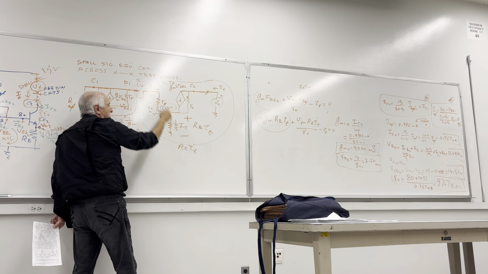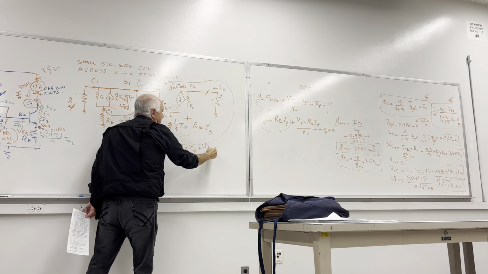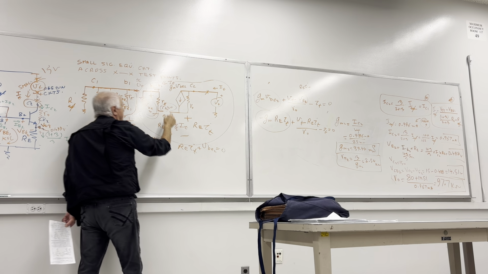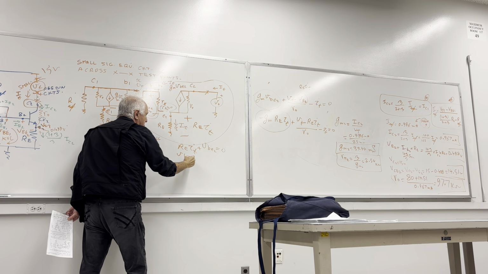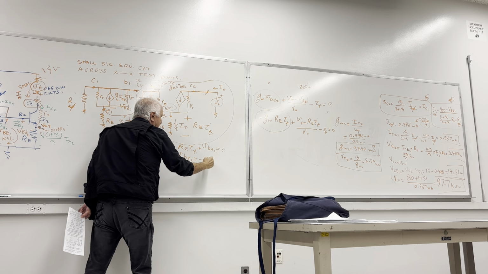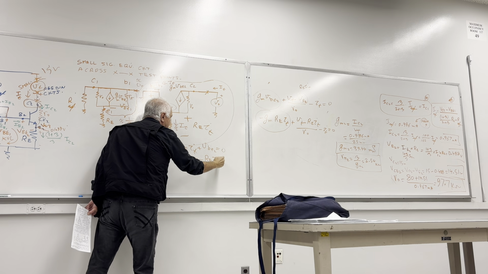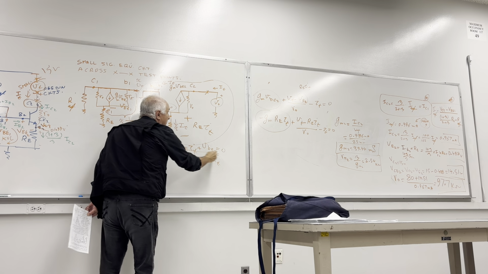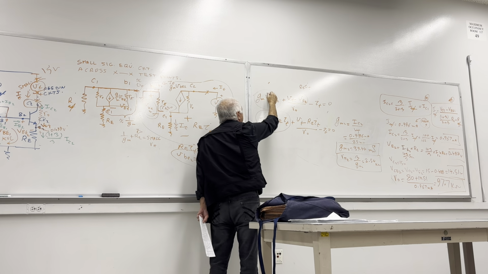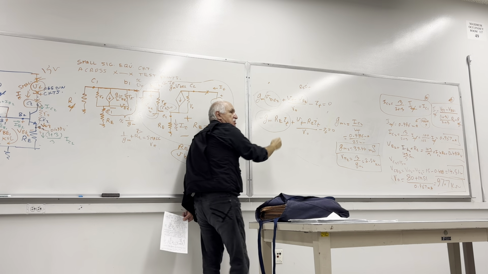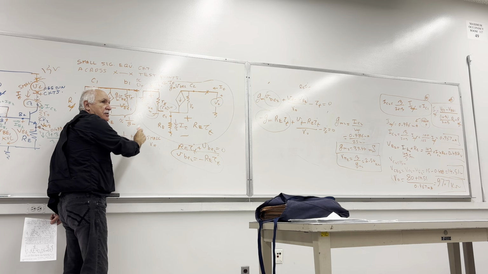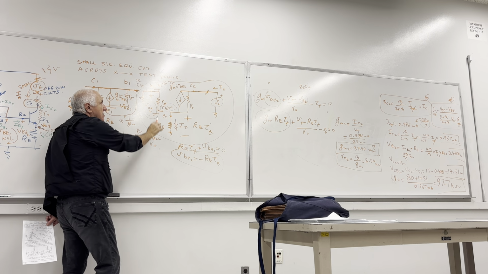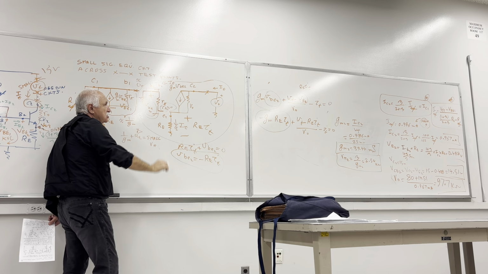Go from here to here, plus VBE2 equal to 0, because you come back to the same place. Therefore, VBE2 is equal to minus RE times IT. That is why I jumped from here straight into this equation. It's a little hard to see, but you have to follow the voltages.